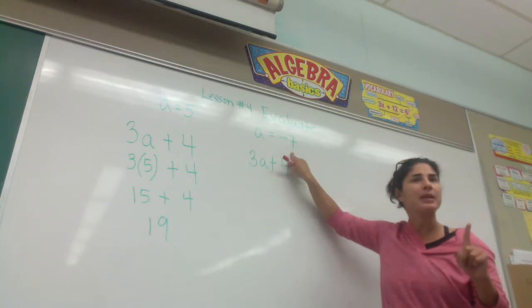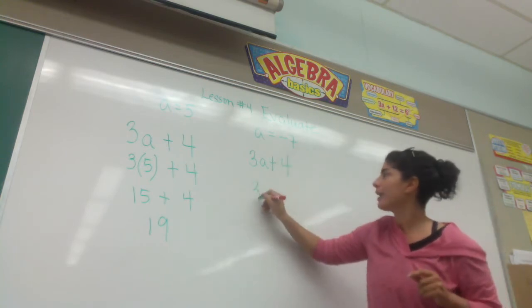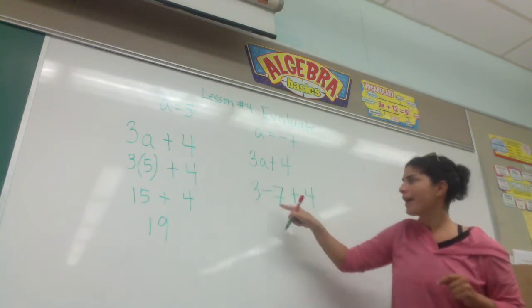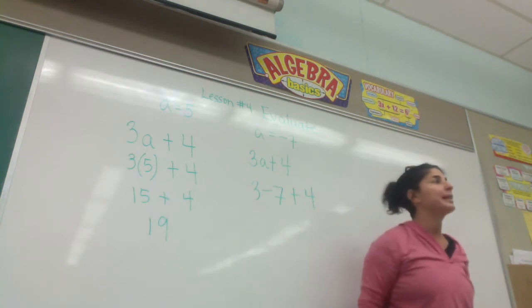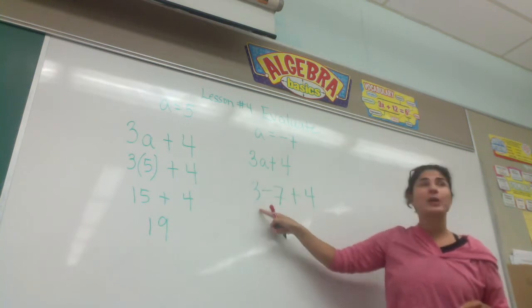Now look what happens if I don't put my brackets. 3, -7 plus 4. What happened? I lost my multiplication, which is what it is, and it ended up being 3 minus 7.